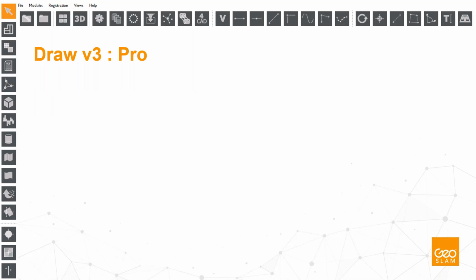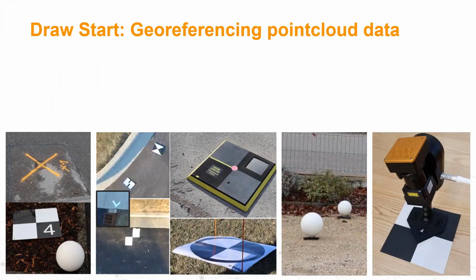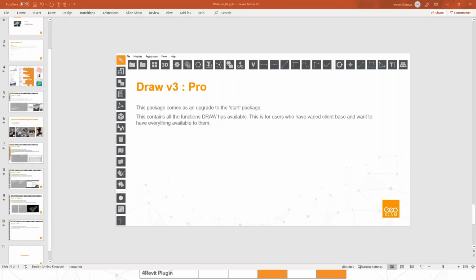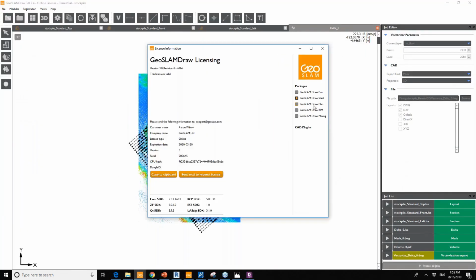If you are not sure or have any questions, please have a look into the table, which is available on the GeoSLAM website. Alternatively, within your Draw, check your license information and package by package, which will show you which features are available.